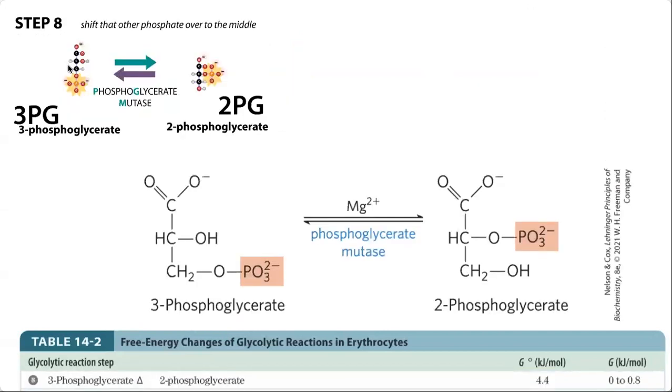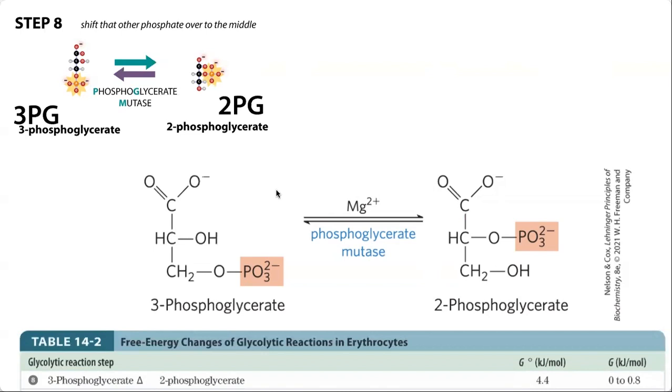Now we still have that 1 phosphate group, so we still have that ability to make 1 more ATP, but right now it's not in a good place to do so. It's not a high enough energy bond in order to make ATP. But we can set things up to be powerful enough by using phosphoglycerate mutase. Basically we're going to shift the position of the phosphate over to the middle. You might think, okay, what's the big deal about sticking it in the middle?